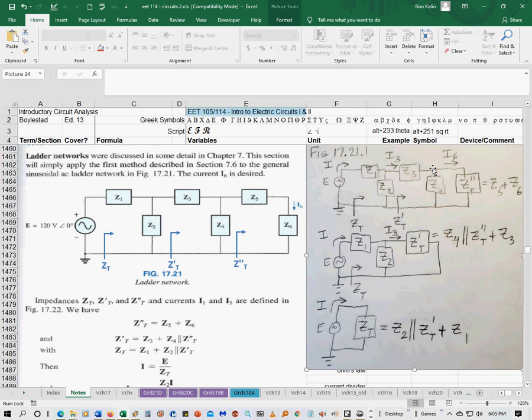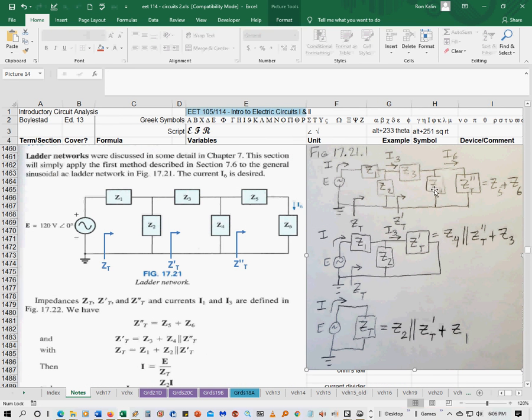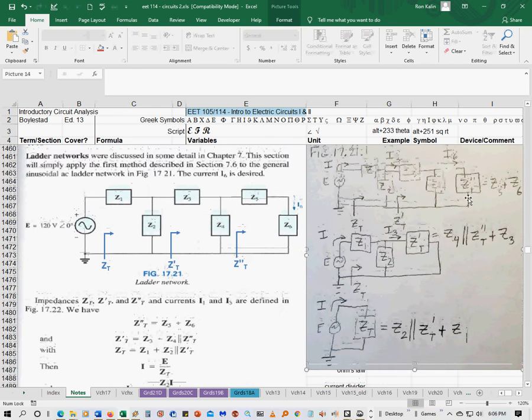So you have I3 coming into this junction, and then you have I4 going through Z4, and I6 going through Z double prime T. So I6 would be Z4 times I3, because in the numerator it's always the opposite. If you're looking for the current through this leg, then you use the other impedance in the numerator, and then you divide by the sum of the two impedances. So that's how you find I6, and that was what you were looking for in the original problem.